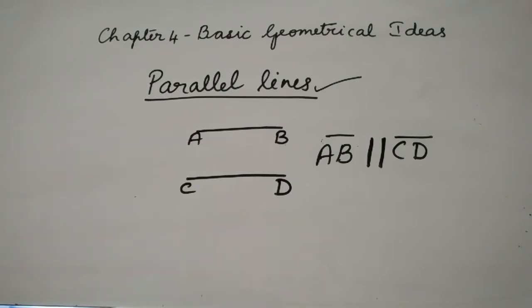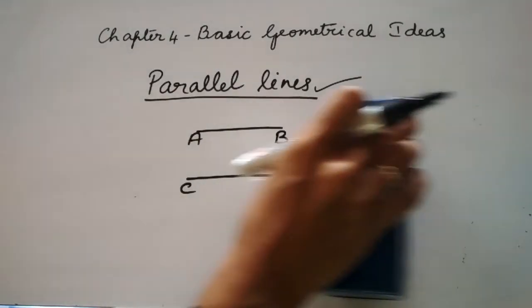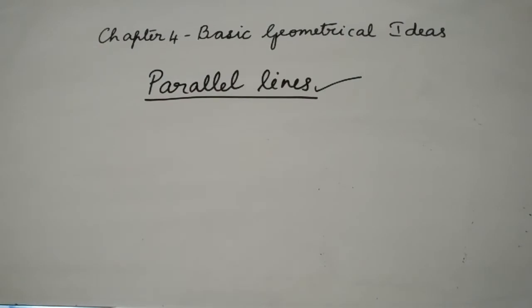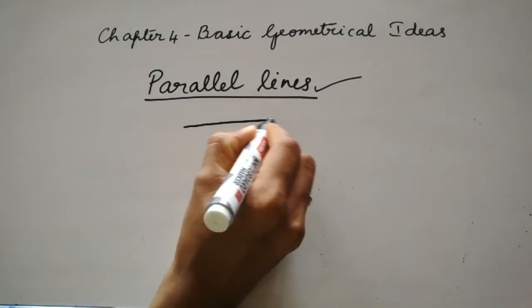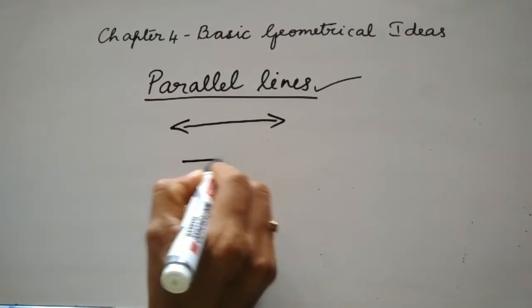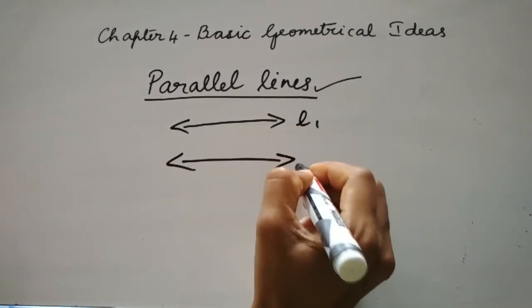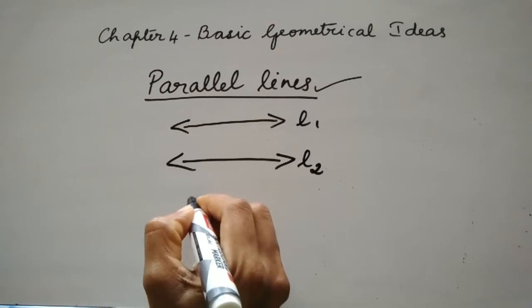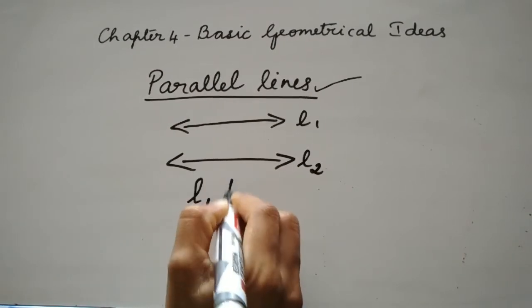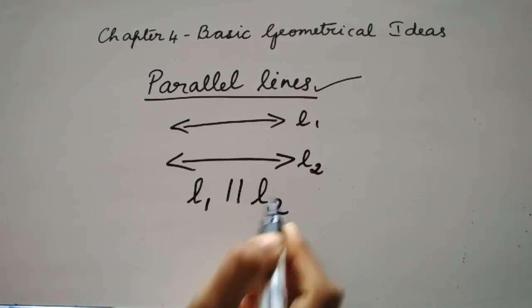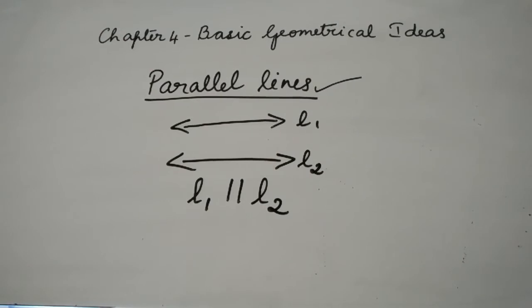And for example, if I represent this in the form of lines, this is L1 and L2. So I will write L1 parallel to L2. So these lines, L1 and L2, do not meet however far they are extended.